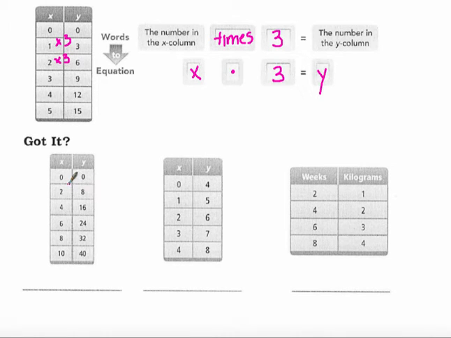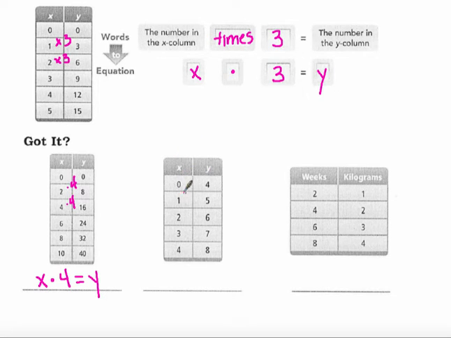I know that I can multiply by 4. 2 times 4 is 8. 4 times 4 is 16. 6 times 4 is 24. 8 times 4 is 32, and 10 times 4 is 40. So it looks like the rule and the equation I would write would be that the X column times 4 would equal the Y column.